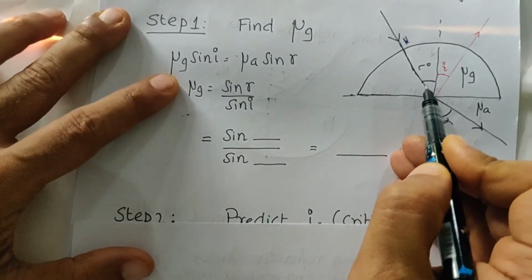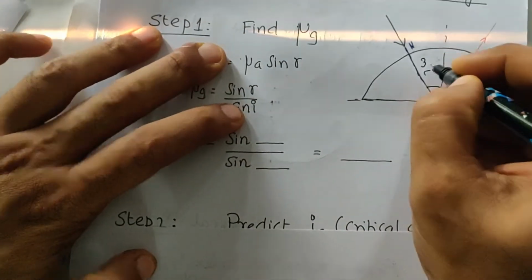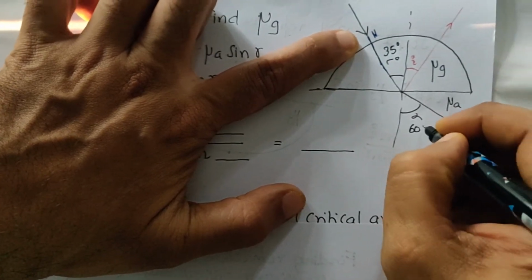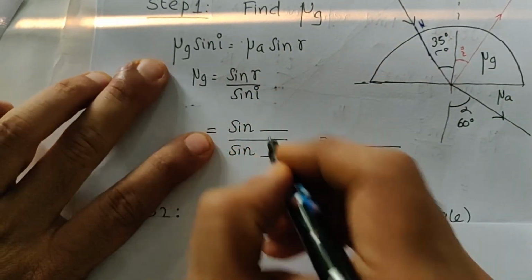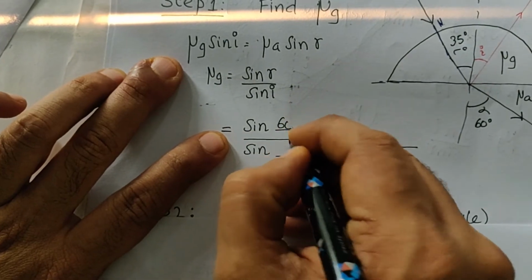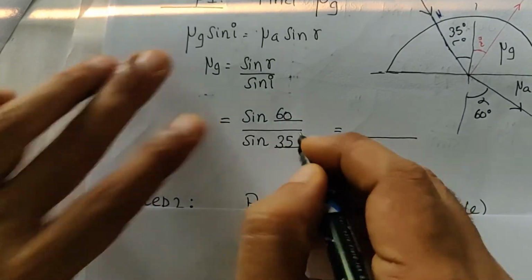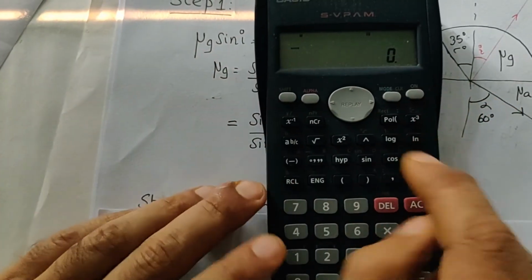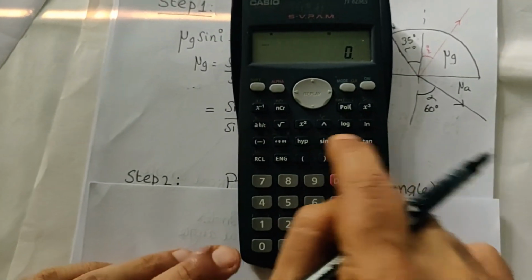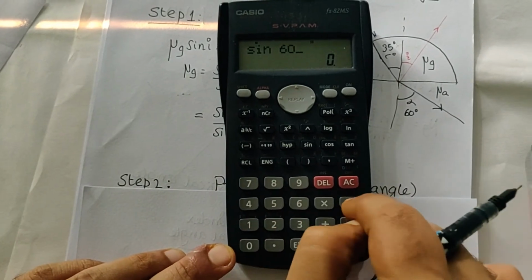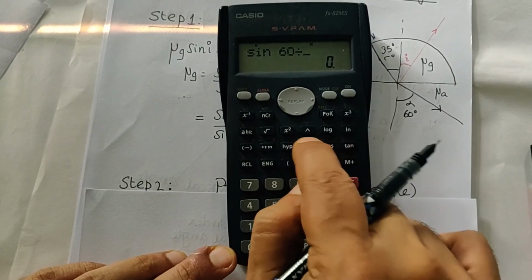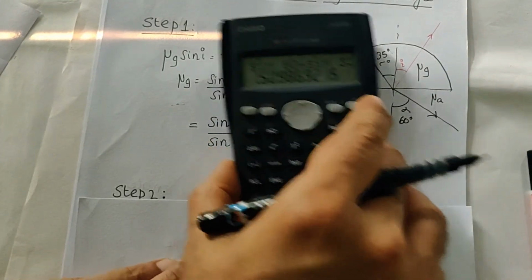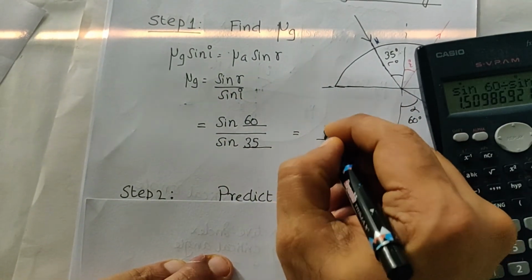As you can see, the angle of incidence was 35 degrees, and the angle of refraction was 60 degrees. So that's sine 60 divided by sine 35, and I can use my calculator. Sine 60 divided by sine 35 equals 1.51, and that's the refractive index.